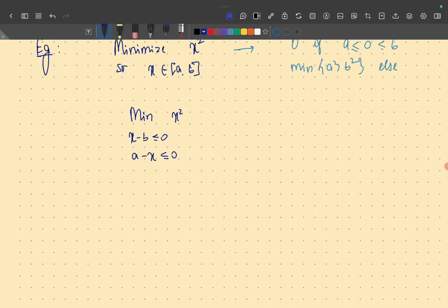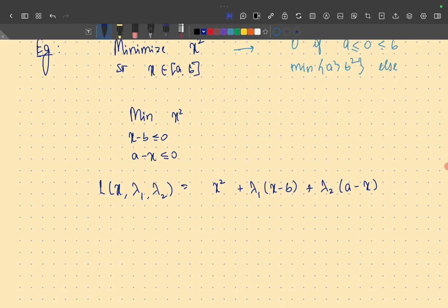Okay, so this is the primal optimization problem. Let me construct the Lagrangian. How many Lagrange multipliers do I need? 2. So lambda 1 and lambda 2. I have two inequality constraints. So this is equal to x square plus lambda 1 times x minus b plus lambda 2 times a minus x.